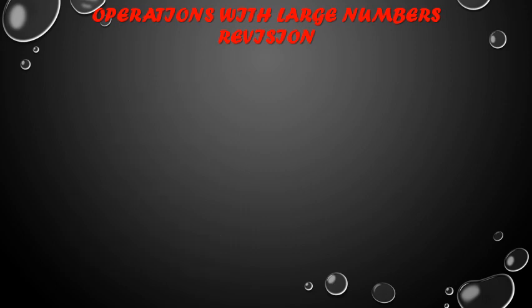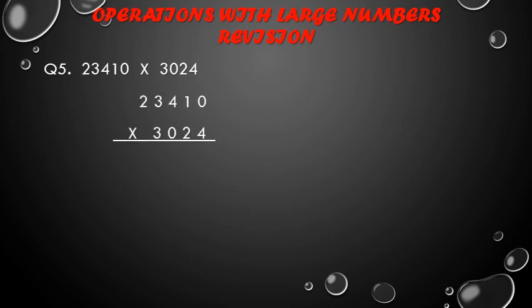Now children, let's come to the next question, which is again of multiplication. So here we are multiplying 23,410 by 3,024. So let us see how we will do this multiplication. Children, we will multiply 23,410 first by 4, and we begin this multiplication at ones place.